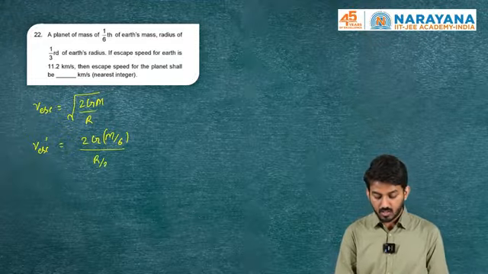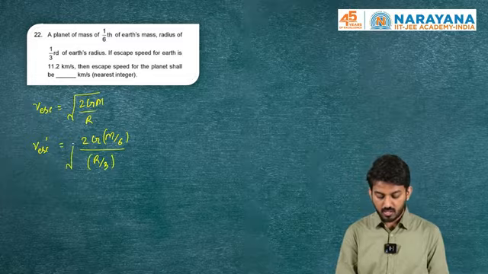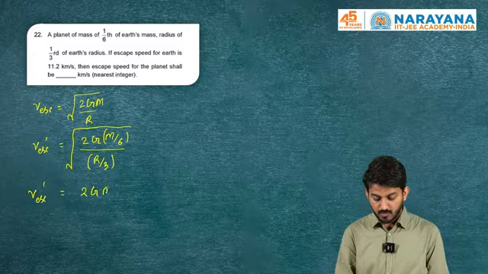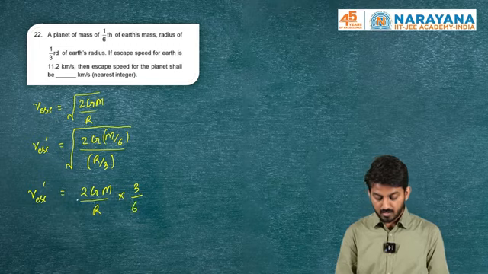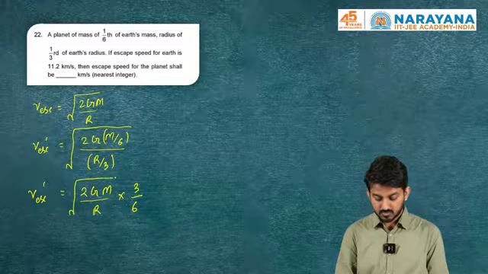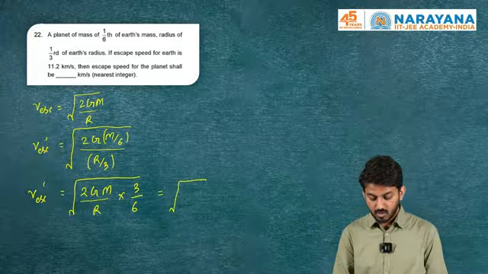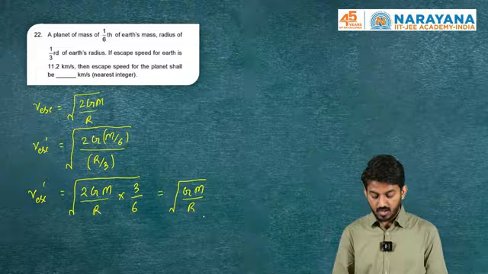So I'll just put whatever the radius here is, giving us V escape prime is equal to 2 GM by r multiplied by 3 over 6. Finally getting root GM by r.